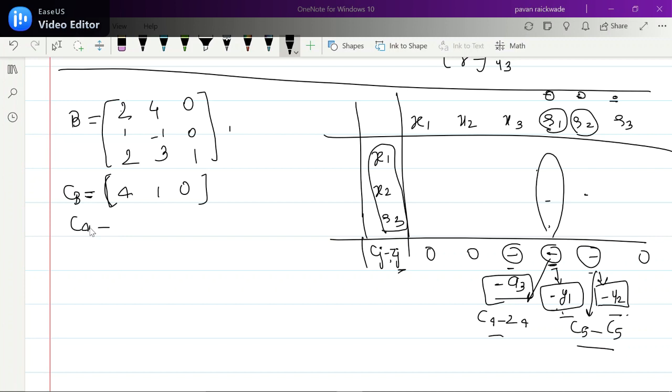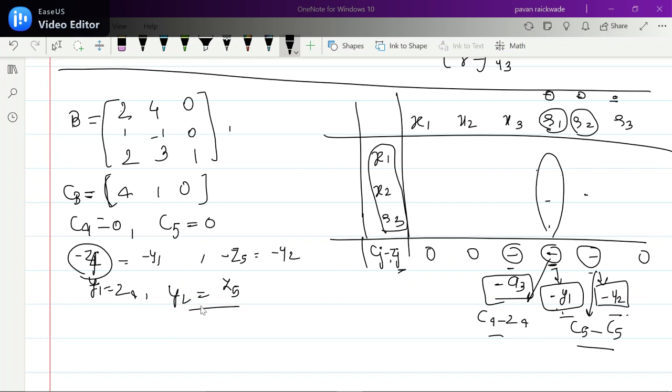Now C4 is 0 and C5 is 0, so I just have to find minus Zj, which will be equal to minus y1. In fact, minus Z4 is minus y1 and minus Z5 is minus y2, which implies y1 will be Z4 and y2 will be Z5.